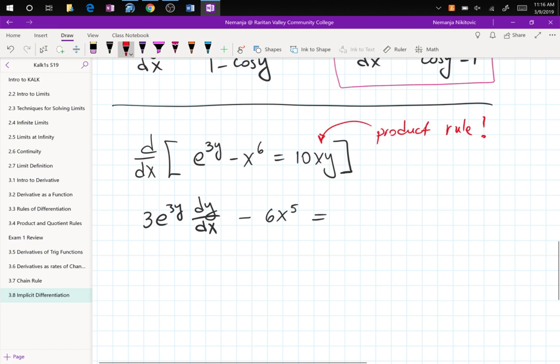Also known as the grade slayer on exams, because if you don't do the product rule, obviously everything falls apart. So copy the first, 10x, derivative of y is 1, but we have to follow with the dy/dx, plus copy the second times derivative of the first.